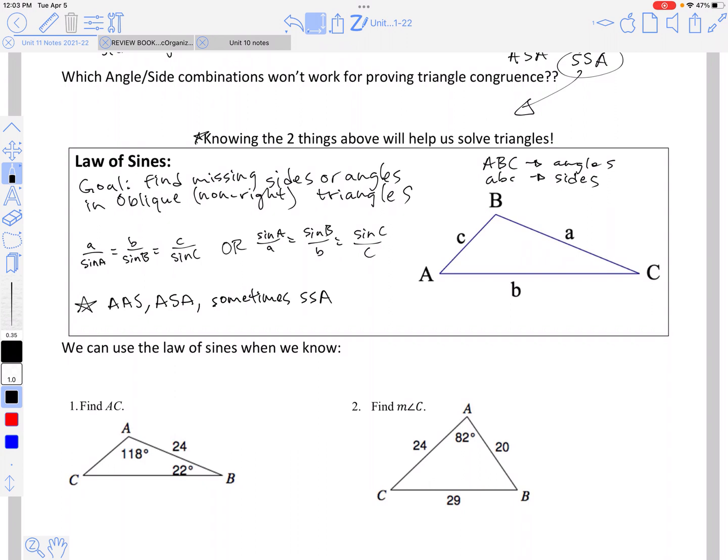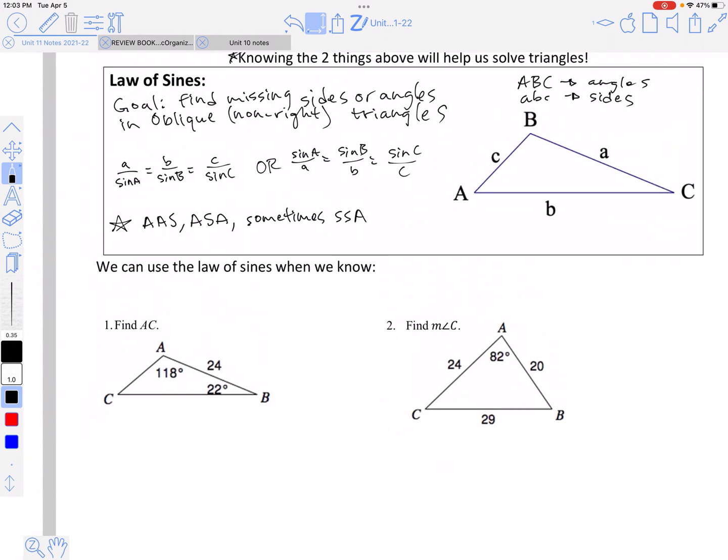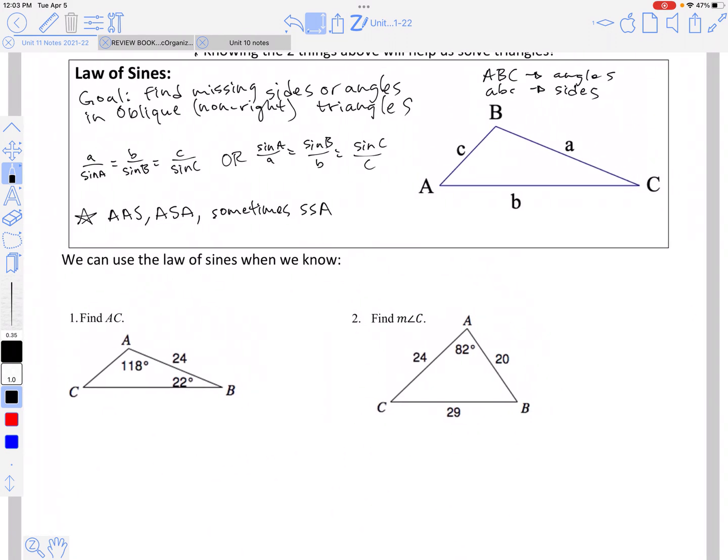Now you don't need to memorize this, because if you get going on one and it just isn't working, you're going to know the law of sines doesn't work, and later we'll learn the law of cosines and other things to help you out there. But if law of sines isn't going to work, you can't force it. So you'll learn pretty quick that it's not going to work.